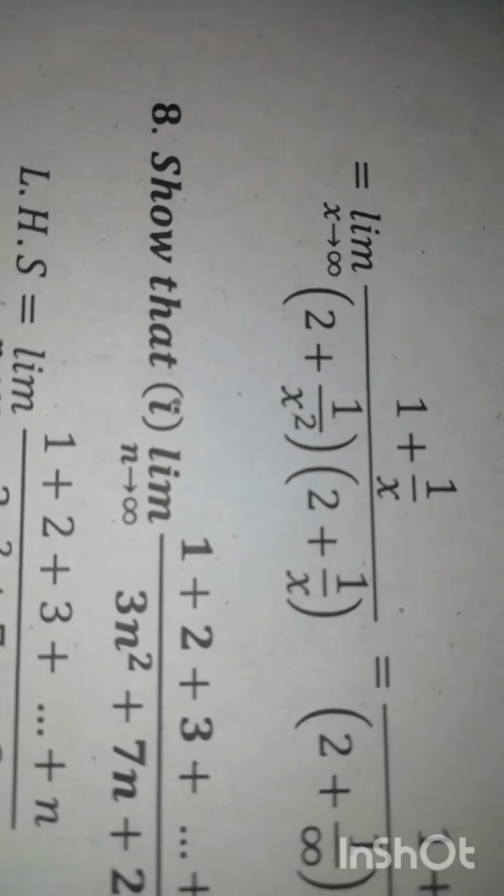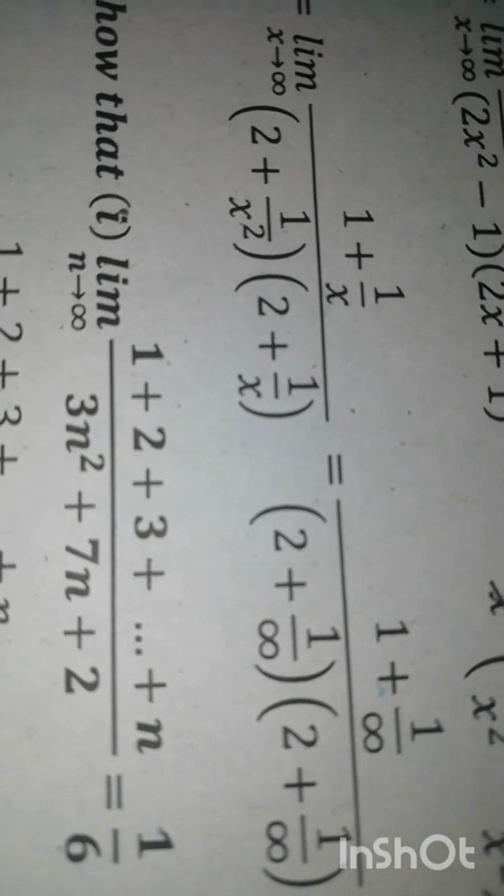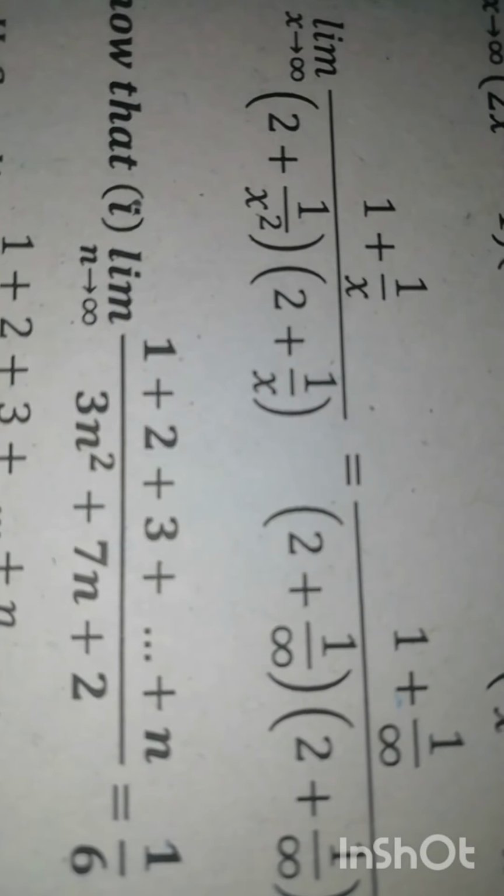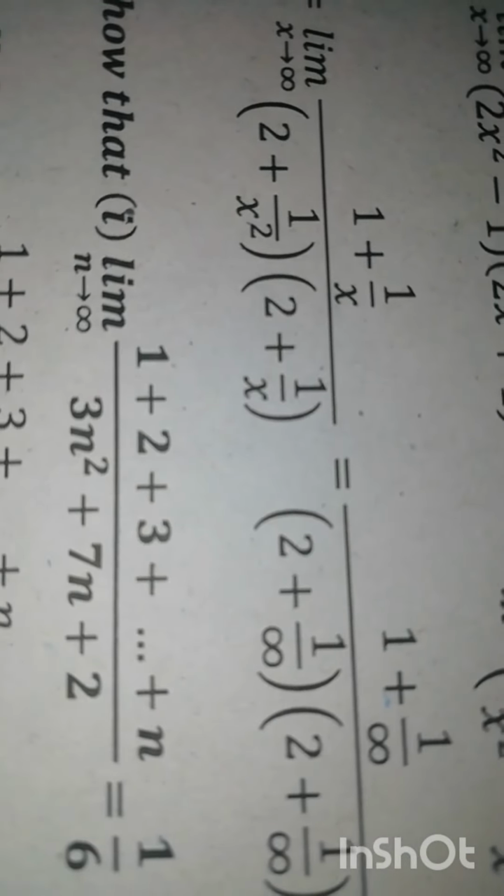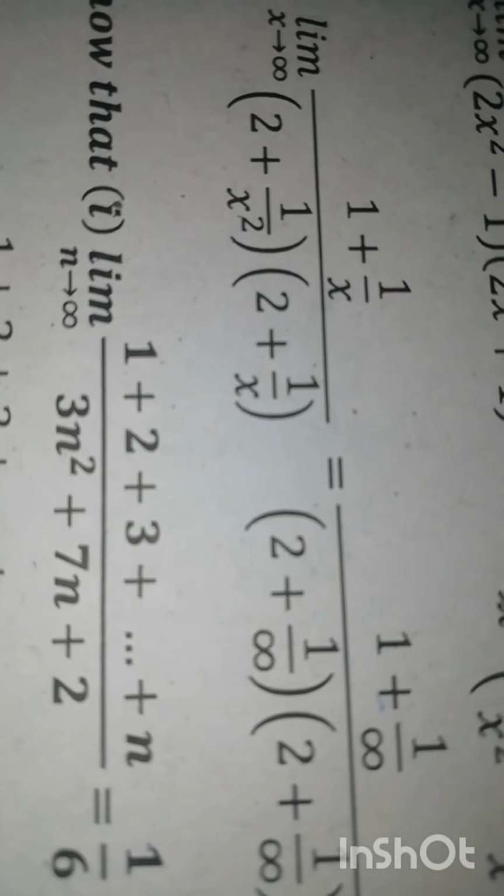See sum number 8. Yes, 1 plus 3 plus etc. See, if we are given this, what do you know? Yes, correct only. Sum of the natural numbers, sum of the natural numbers up to n. So 3n square plus 7n plus 2, we can factorize this. So first of all, what is the formula for the sum of the natural numbers?